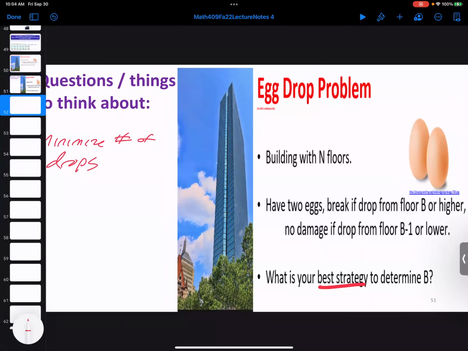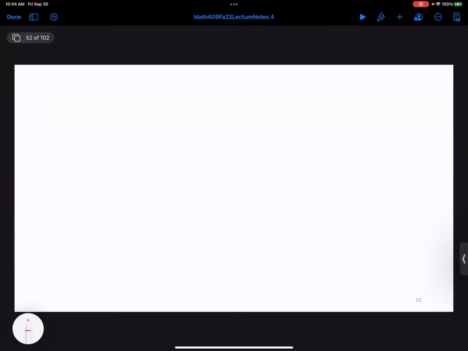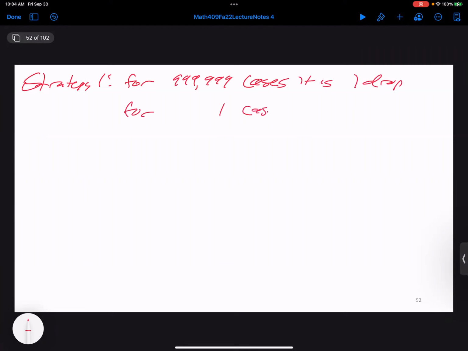So let's do it a little more slowly. Let's say strategy 1: for 999,999 cases, it is 1 drop. For 1 case, let's make it 2,000,001 drops.